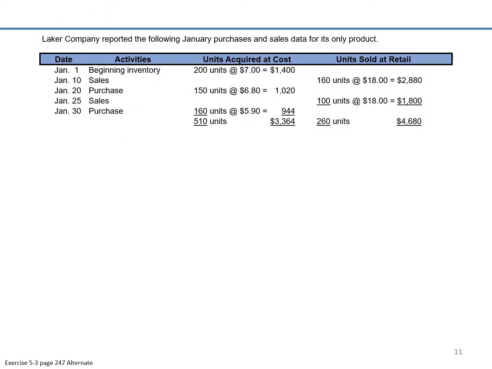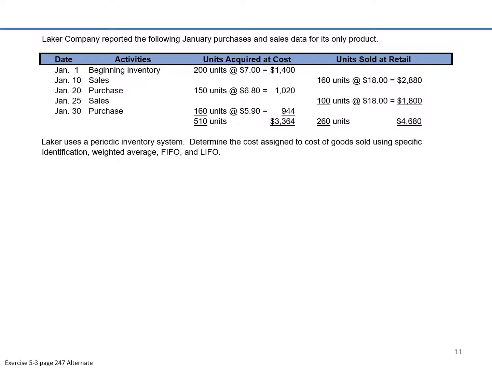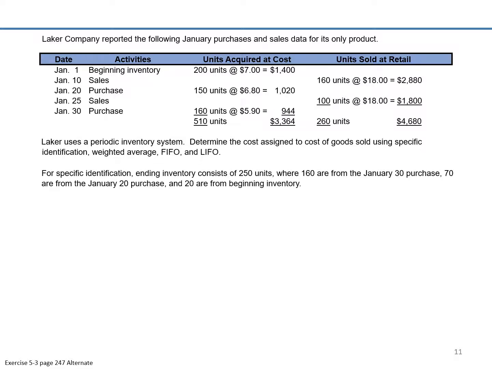Okay, so same problem, different numbers. So under the periodic inventory system, determine the cost assigned to cost of goods sold using specific identification, weighted average, LIFO, and FIFO.